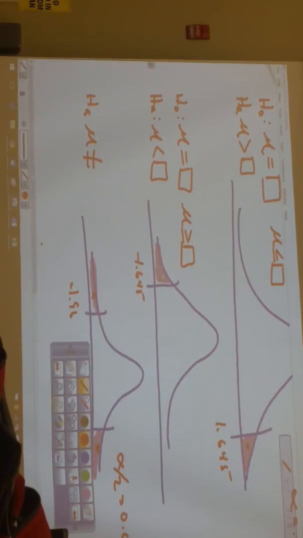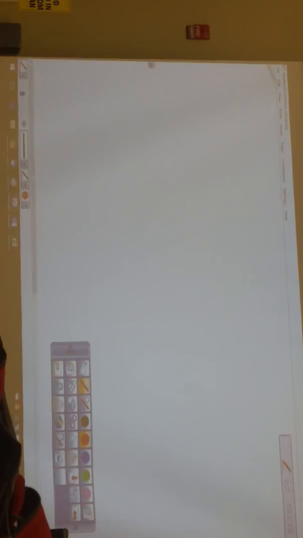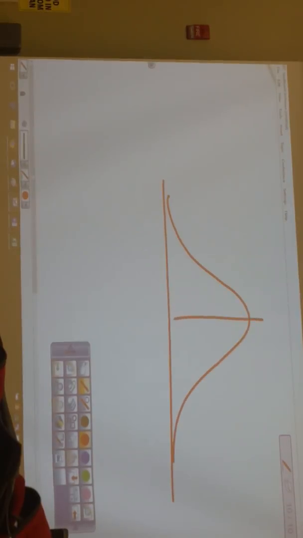So when I'm looking at this, I'm going to draw my table. Here they're saying that the mean is 50,000 miles, right?